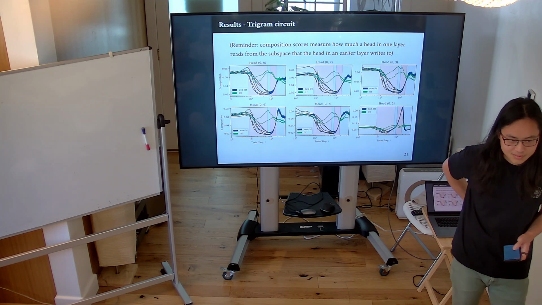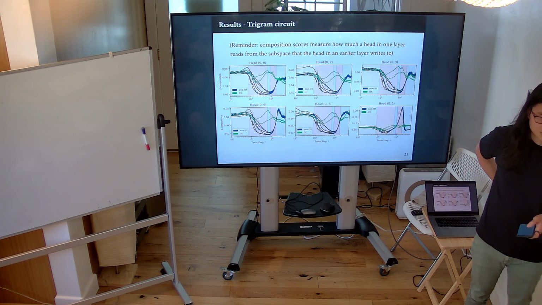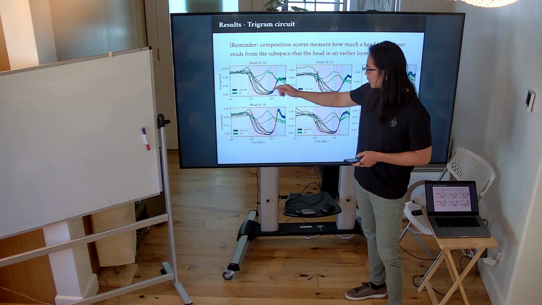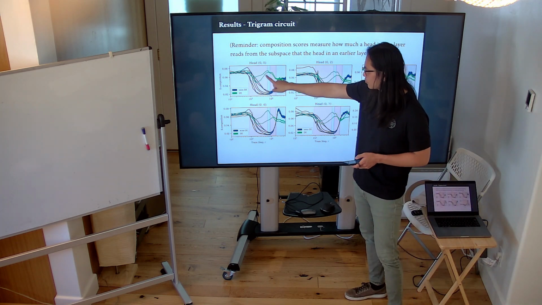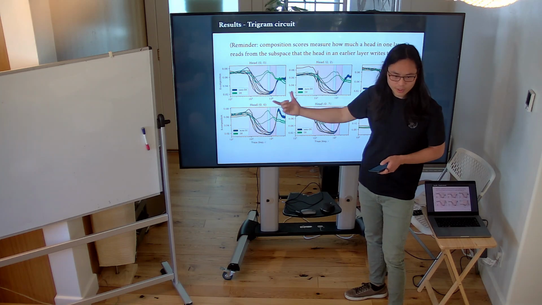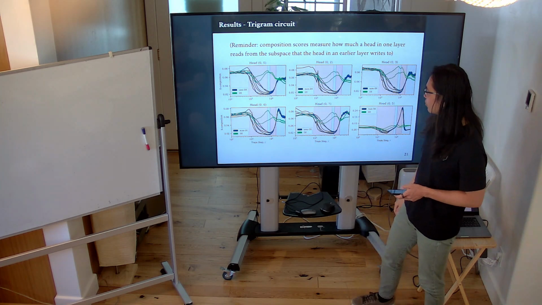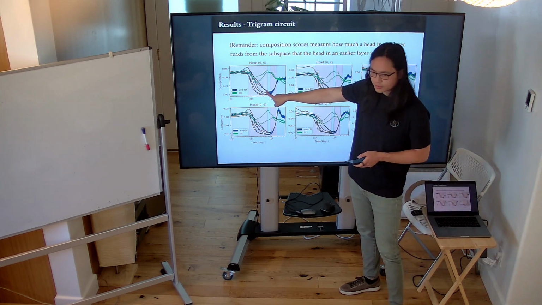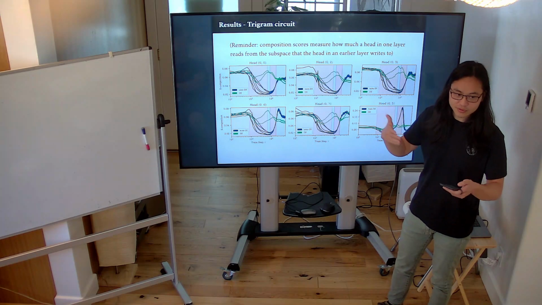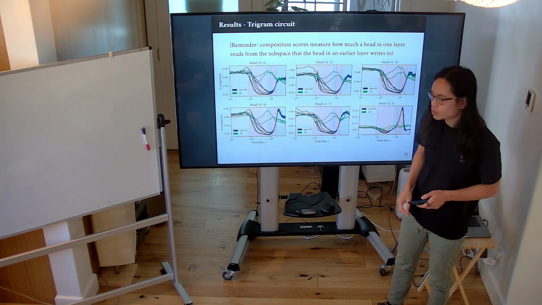It's like all the layer 1 heads seem to depend on a lot of the layer 0 heads. Right, yeah. So these plots show, for a specific layer 0 head, all of the composition scores with the layer 1 heads. The blue curves are the composition scores with the layer 1 heads that we suspect are doing something about trigram prediction.